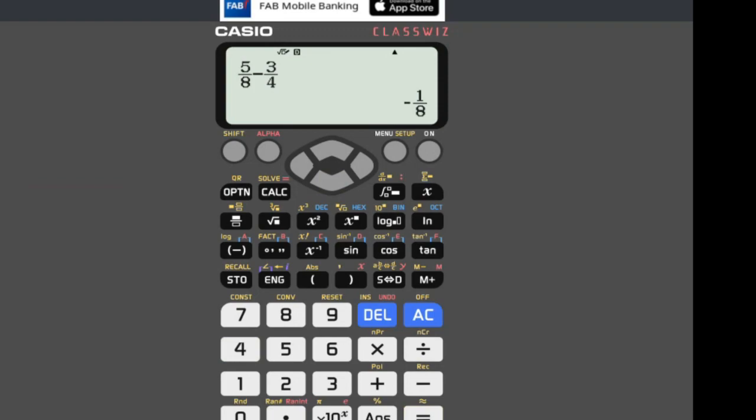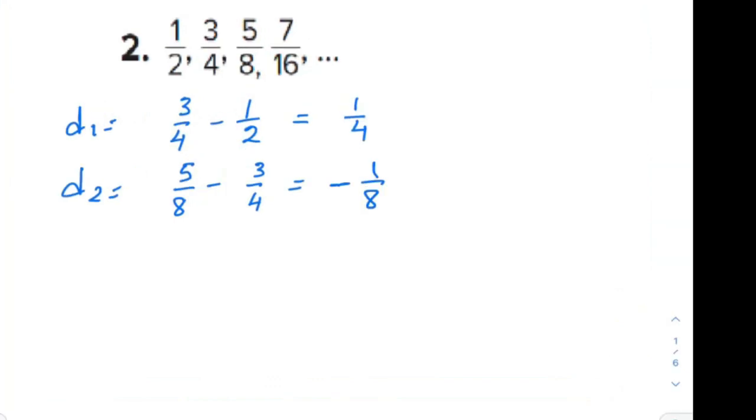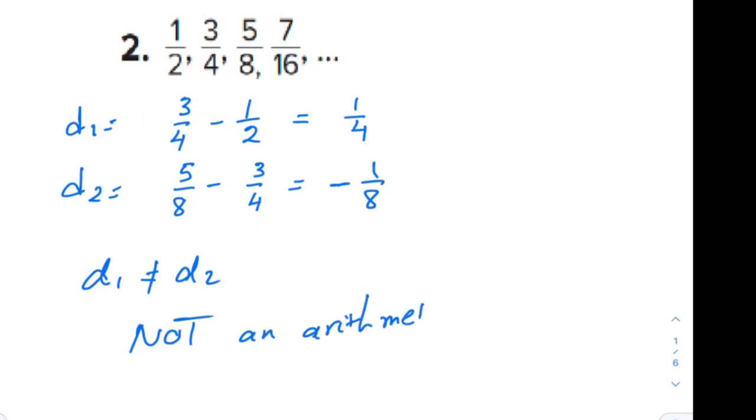It is negative 1/8. It's very obvious that the difference is not constant, so no need to check the next terms, since difference 1 is not equal to difference 2, so it is not an arithmetic sequence.